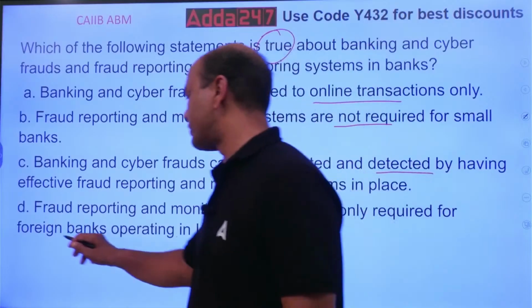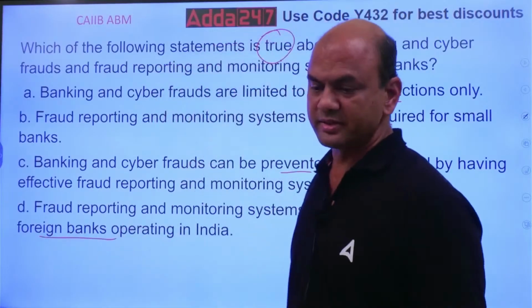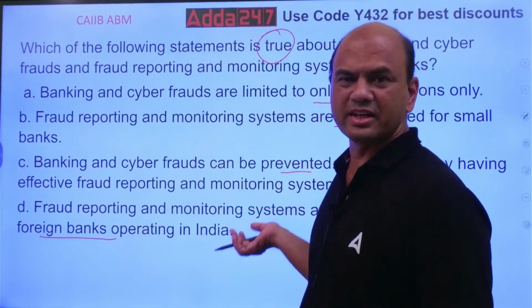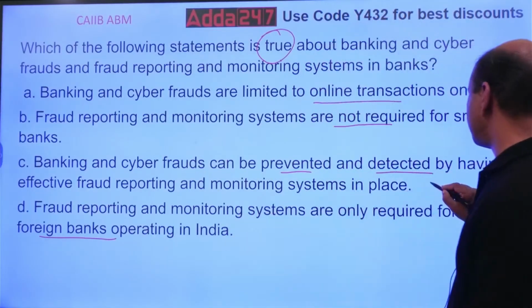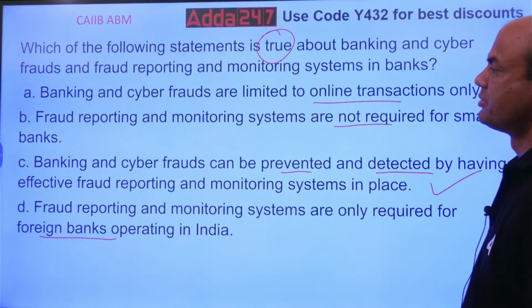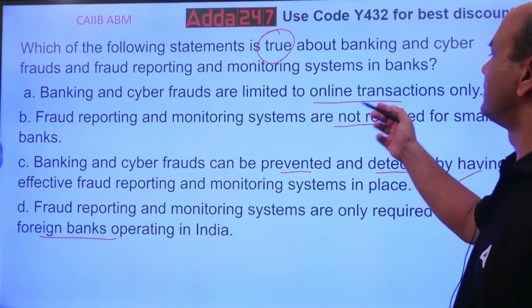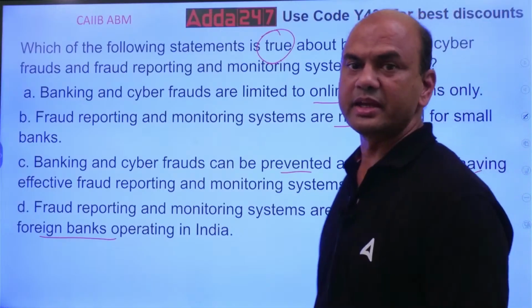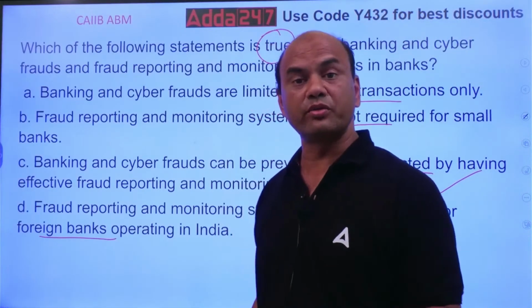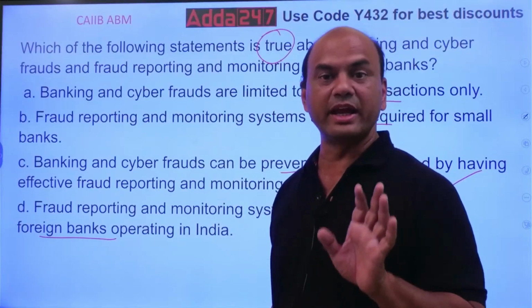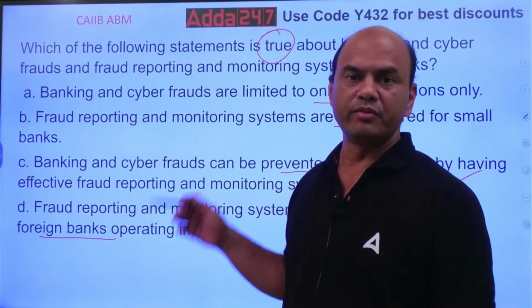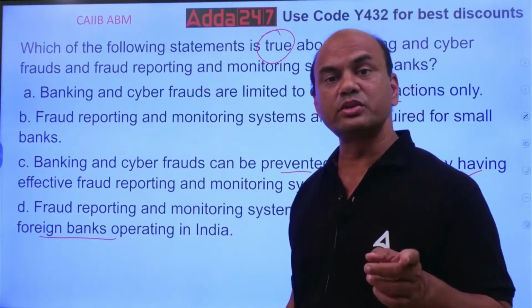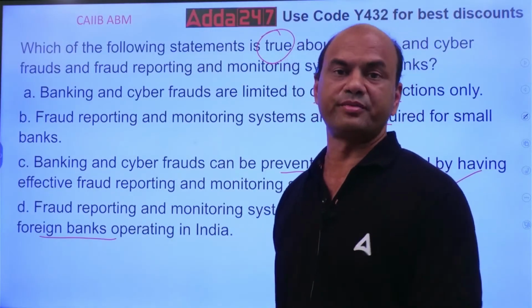Means you mean to say frauds are only in foreign banks? Do you mean to say that? So obviously, what is the right answer over here? Simple, isn't it? Banking and cyber frauds are limited to online transactions. It's not the case. Banking and cyber frauds can be related to your physical money also. Whenever you have cyber frauds, the net effect is somebody tells you to deposit some money somewhere.